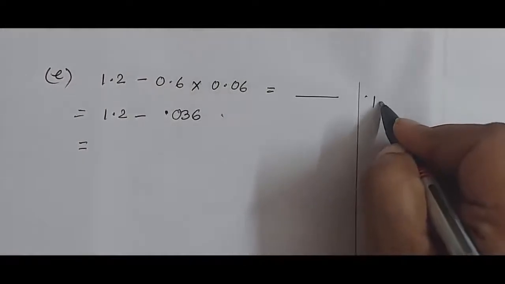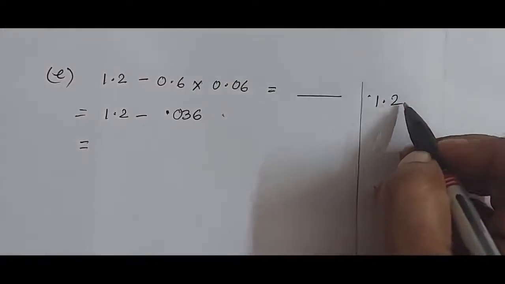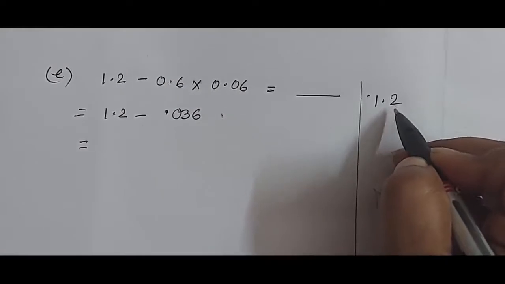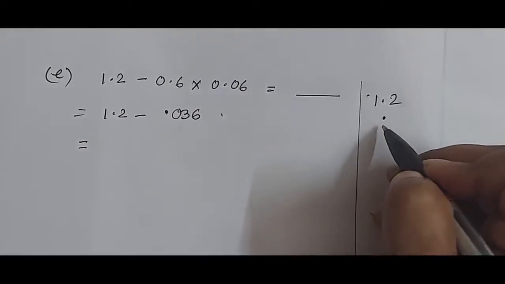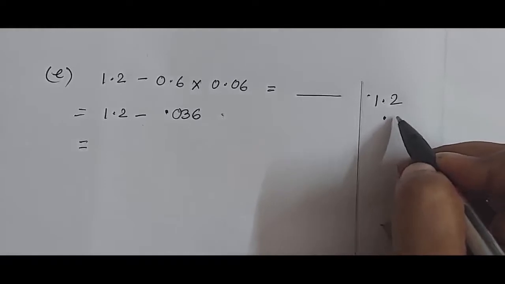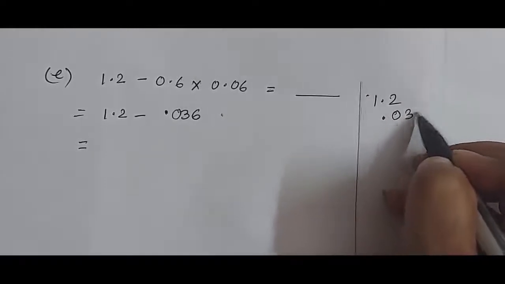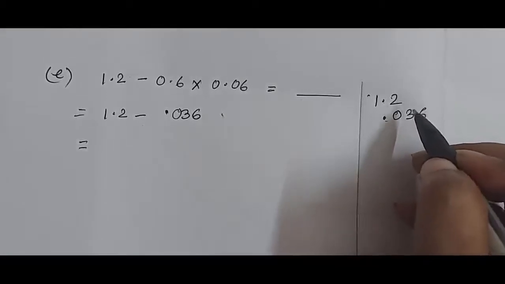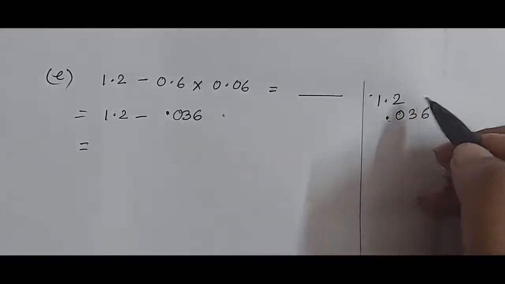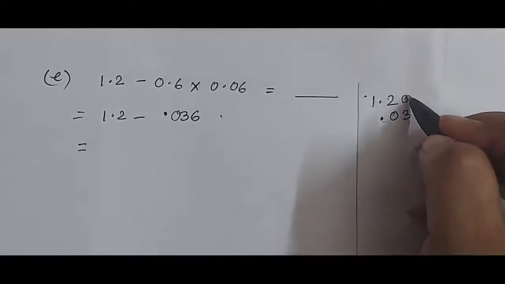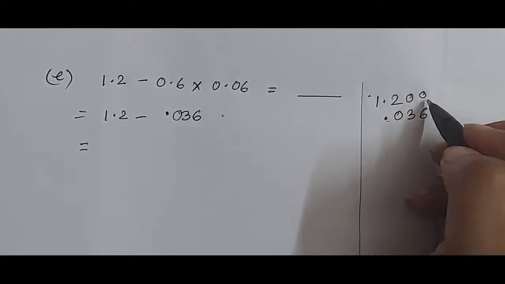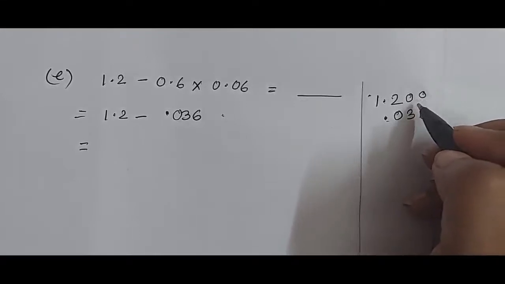So 1.2 actually has only one digit after the decimal point, but the next decimal number is 0.036. You can see after the point there are 3 digits. So to make them like decimals, you have to put 2 zeros along with 1.2, towards the extreme right, we are placing 2 zeros.